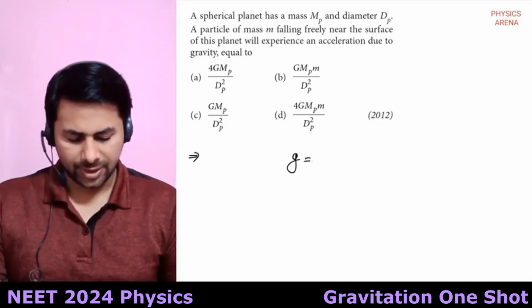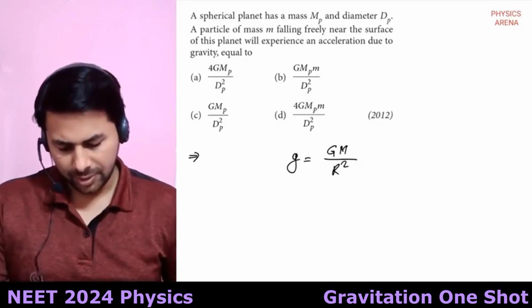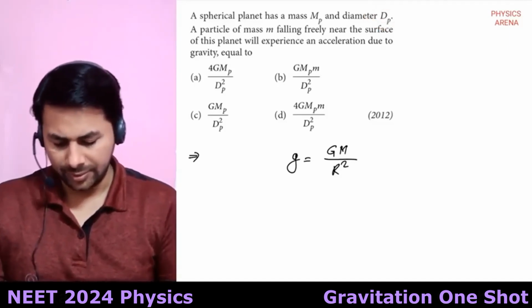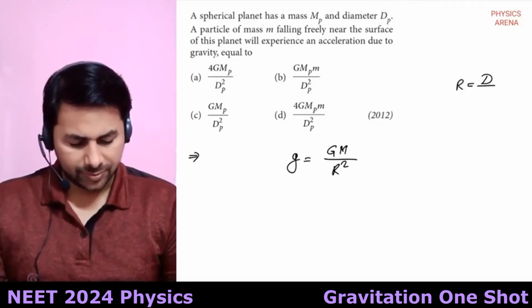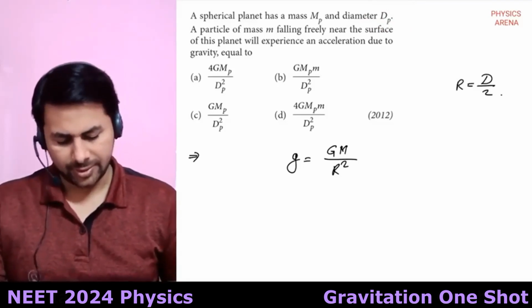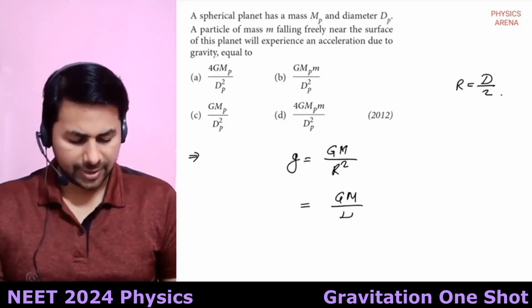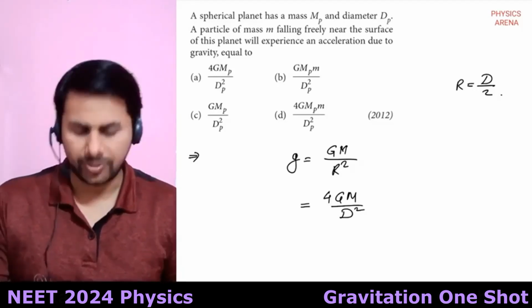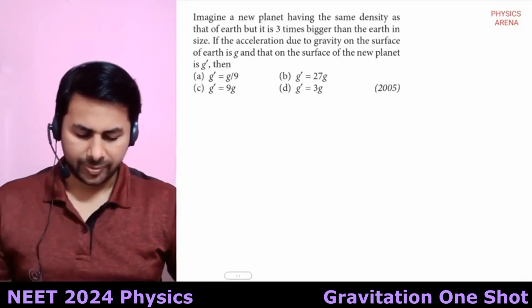So it is g is equal to GM upon r square, and it is given in terms of diameter. Okay. So r is equal to d by 2. So it will be GM divided by d square upon 4, and that 4 will go to the numerator. Good. It is option A.